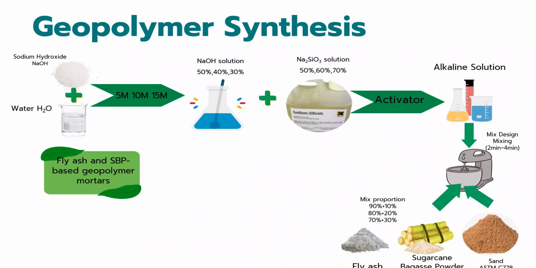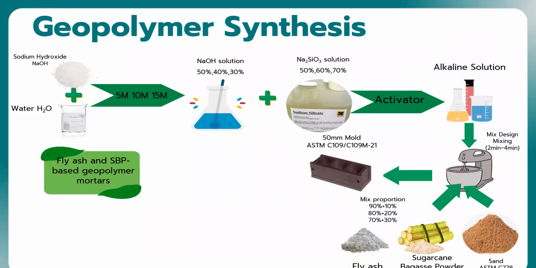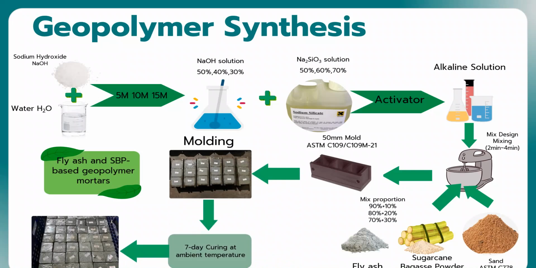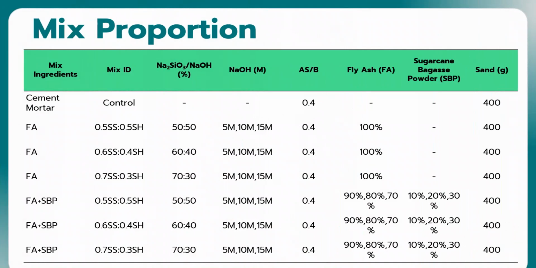And I mix the alkaline solution activators with fly ash, sugarcane bagasse powder, and sand in the mixer, and mold the specimen into the 50 millimeter mold based on the ASTM standard. And I cure it for 7 days at ambient temperature. And finally, I got the fly ash and sugarcane bagasse powder based geopolymer mortars.